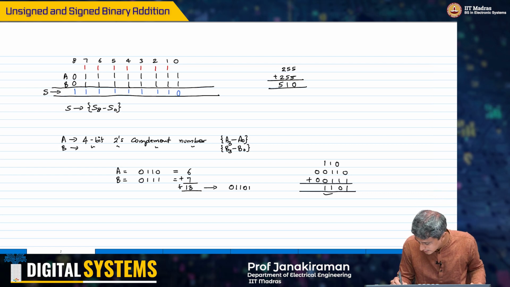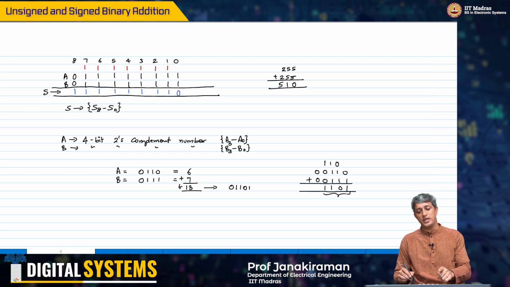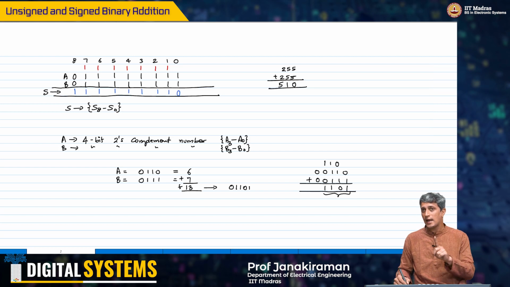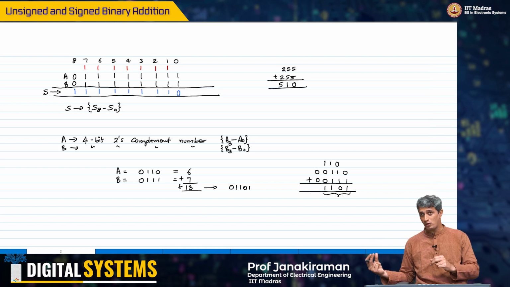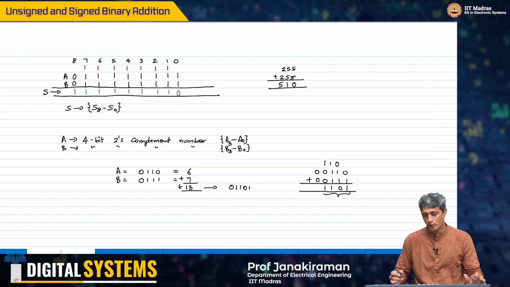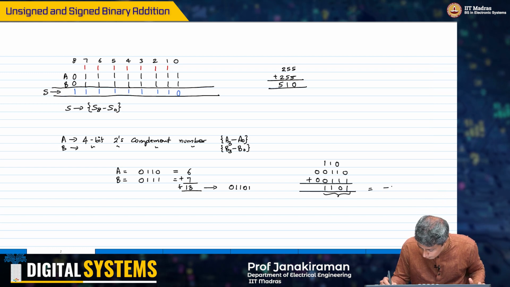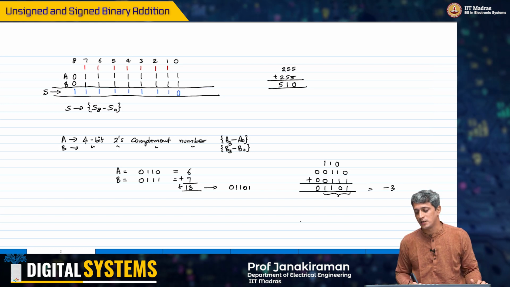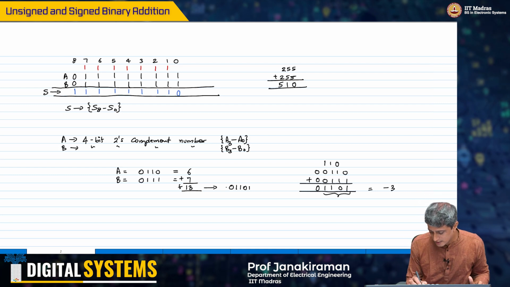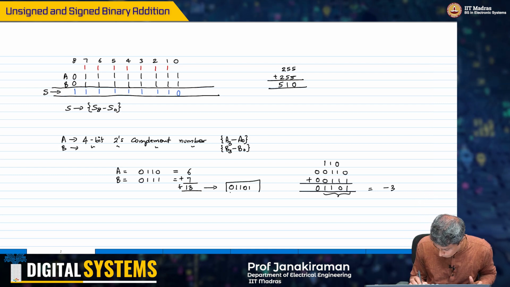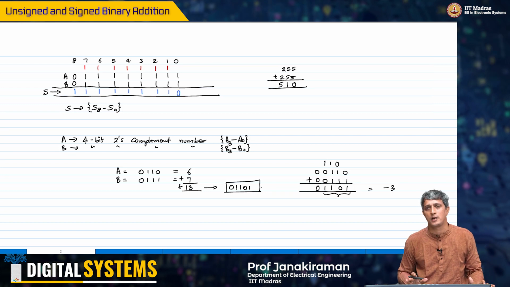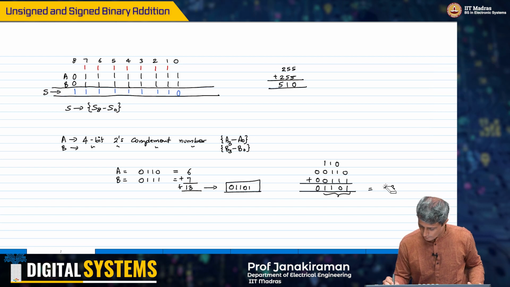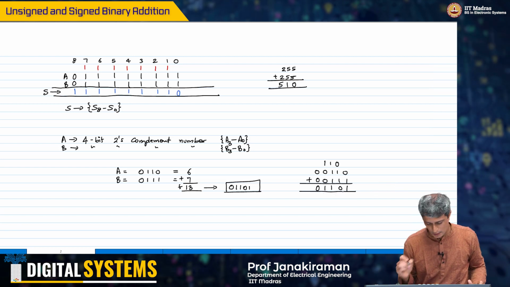If I say the answer of A plus B is 1101 and you are expecting a 2's complement output, this is incorrect, because this is actually equal to minus 3. So you have to sign extend and say 01101 is the answer. This is the only correct representation of plus 13 in 2's complement representation with minimum bits. So be careful about this part.